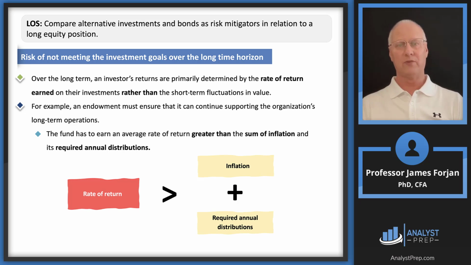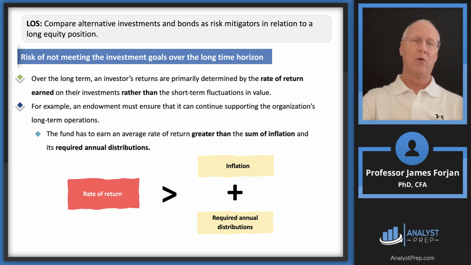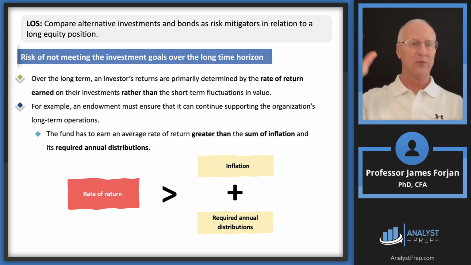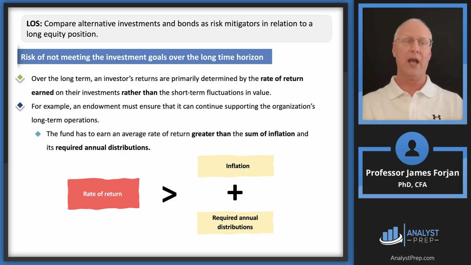So what is the risk of not meeting that goal over the long term? So what do we have to do? We have to worry about that rate of return, right, earned by the investments. We don't want to be too concerned about the ups and the downs. We'll have to educate our clients that there are up times and then there are down times.